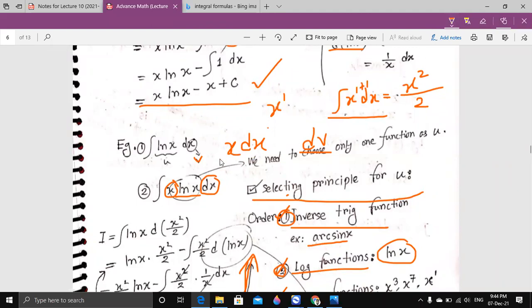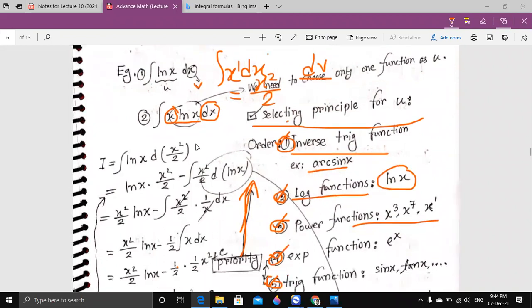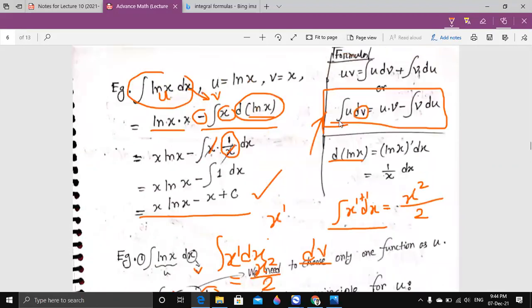From the formula, we know that integration of x dx, we just increase the power of x by 1. So here it was 1. So 1 plus 1, that is 2. x square by, then we divide by the power. So we get x square by 2. So we write down here x square by 2. And before that, here is d. So we get something like dv, right? This is d and this is v. So now we can compare it with our formula.